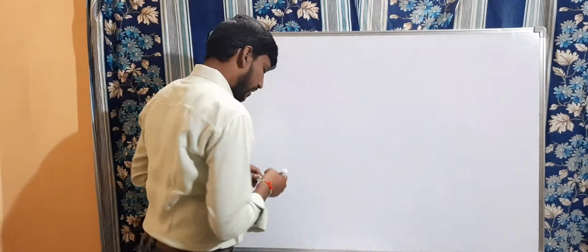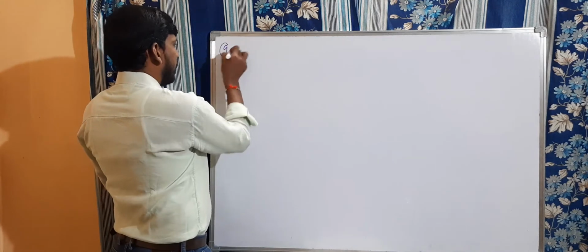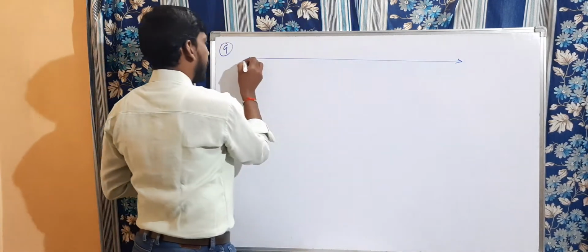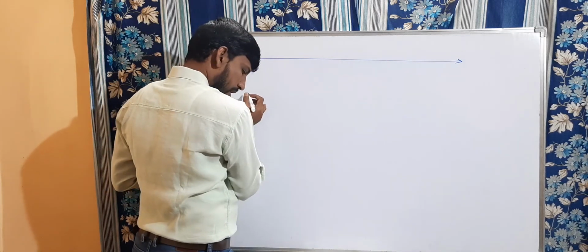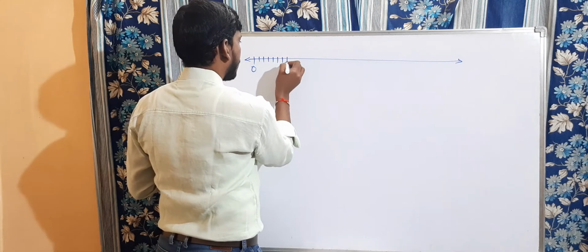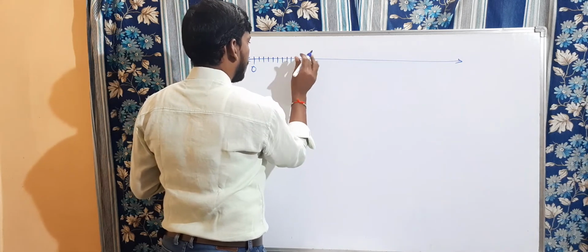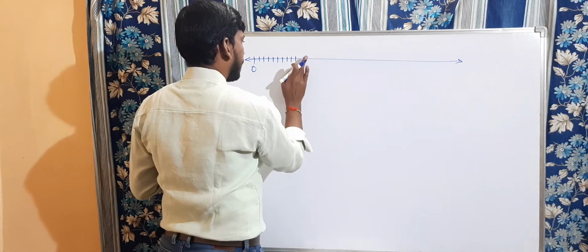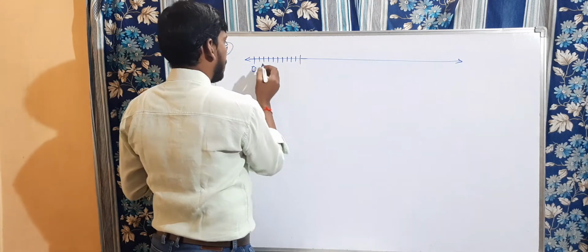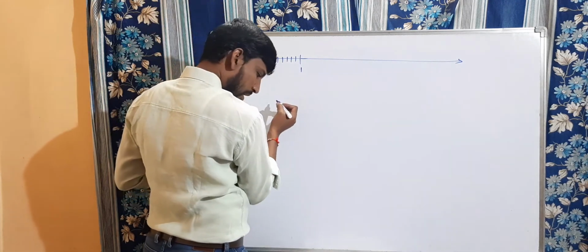Question number 9. So they have given one number line. Here 0 is there. After 0 again 1, 2, 3, 4, 5, 6, 7, 8, 9, 10. Here this is 1.